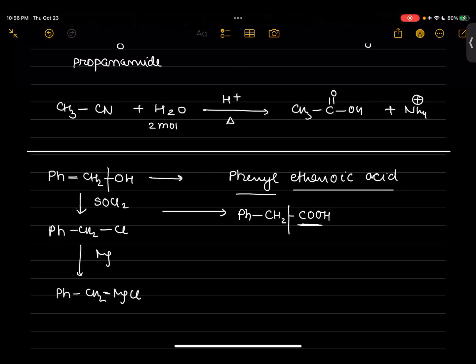Okay. Now we can convert it to Grignard. Got it. And then we can react it with CO2. Then H plus.